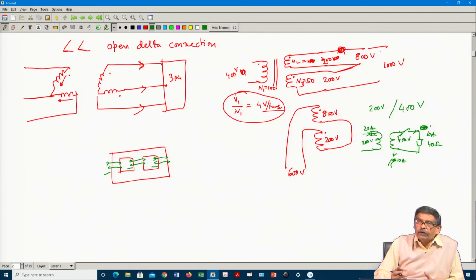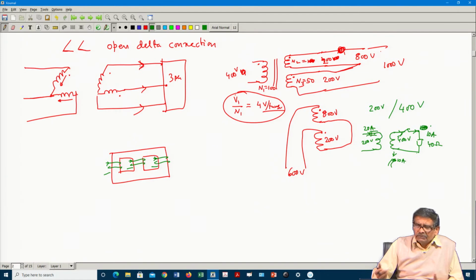So, instead of telling the current rating, people have decided that we will specify the voltage ratings of the primary and secondary coil and the KVA rating. So, current is indirectly specified here. Why? Because KVA remains the same in a transformer.